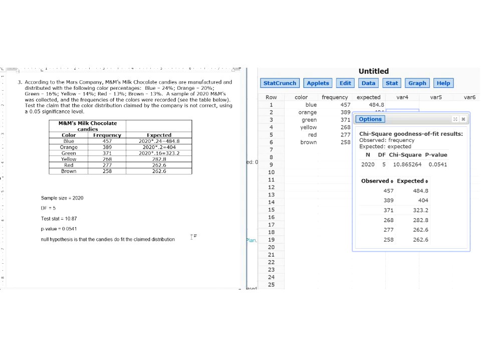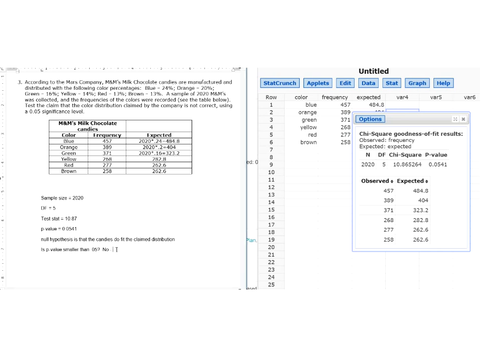For our test results, we're asking, is the p-value smaller than our significance level? Our significance level was 0.05. And the answer to that question is no, because our p-value is a little bit bigger than 0.05.